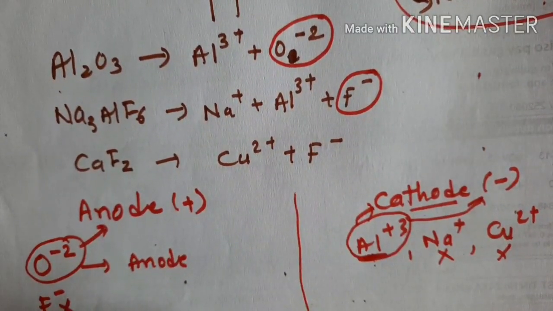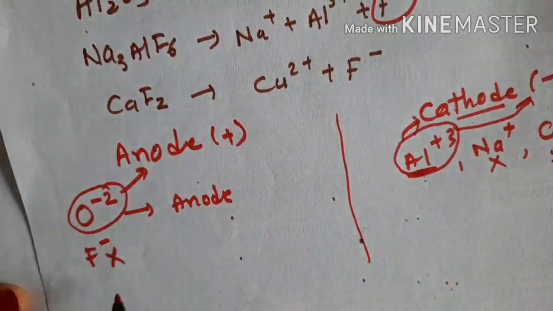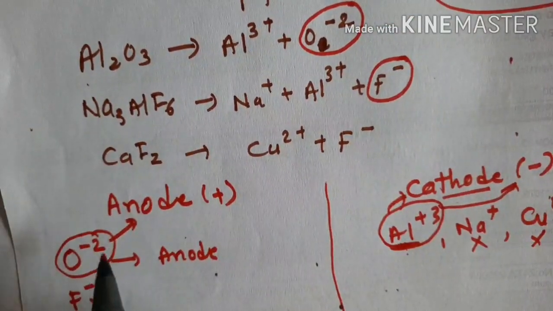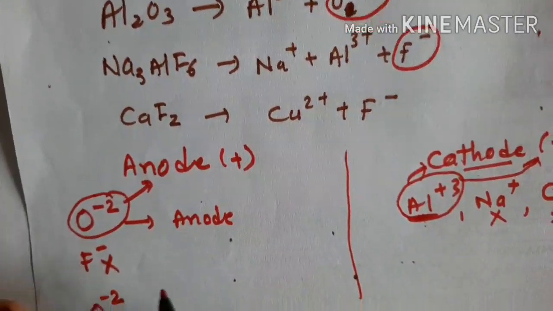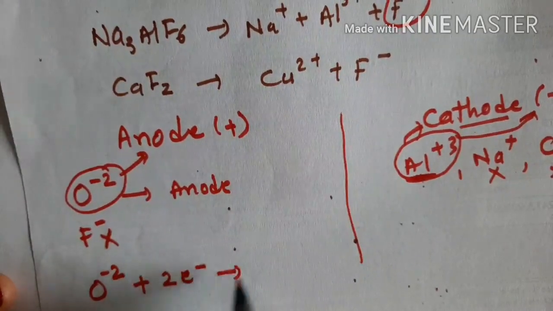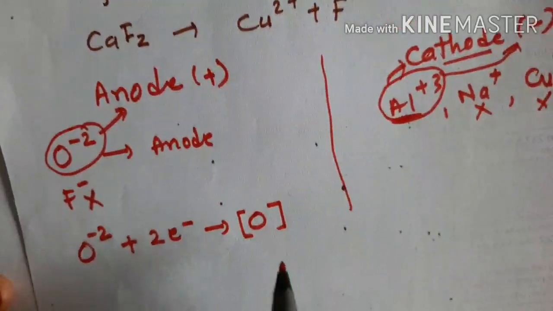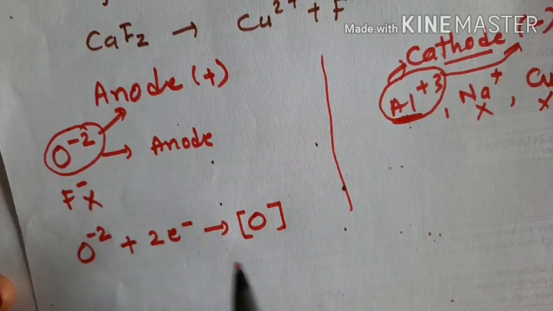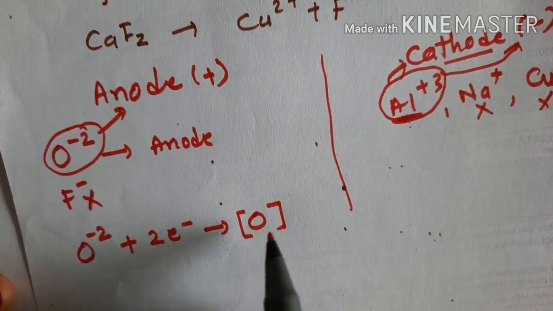So what reaction happens on the anode? Oxygen at the anode, which means oxidation, which means loss of electrons. So O minus 2 loses 2 electrons and converts into oxygen. This is called nascent oxygen, written in brackets, which means newly born oxygen, and it is very reactive.